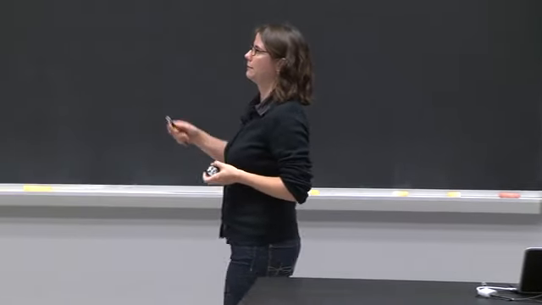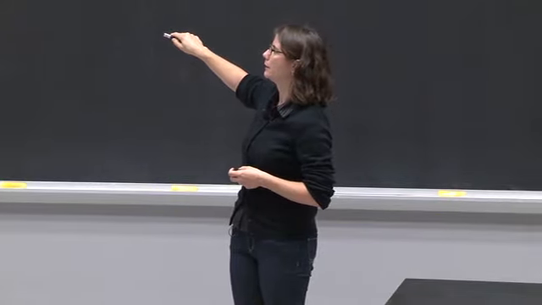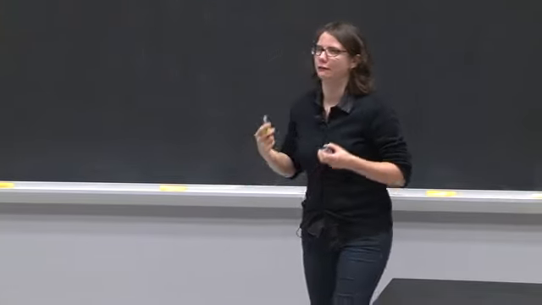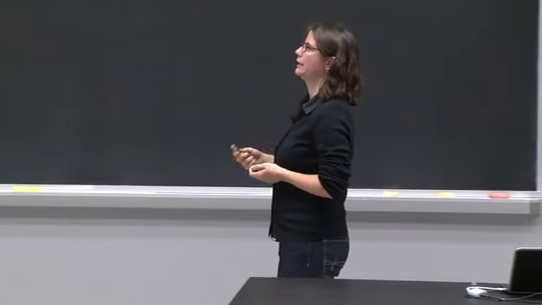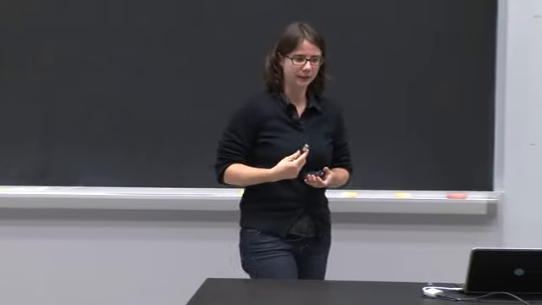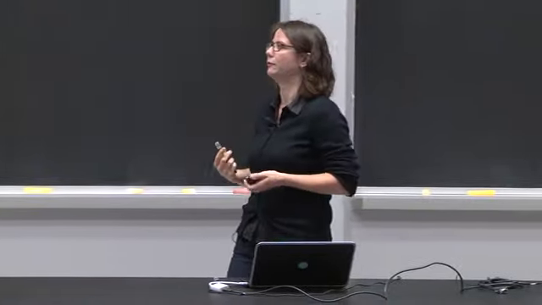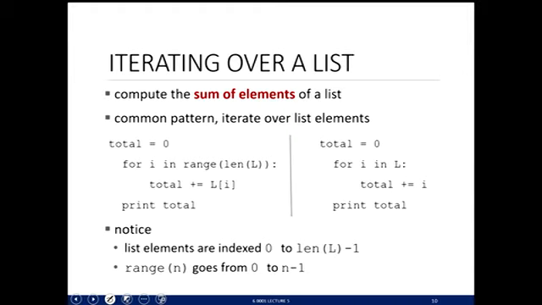I've said this a couple times before, but it'll make your life a lot easier if, when you want to iterate through a list, you try to think about iterating through the elements directly. It's a lot more Pythonic. I've used that word before. So this is a common pattern that you're going to see where you're iterating over the list elements directly. We've done it over tuples. We've done it over strings. So these are identical codes.